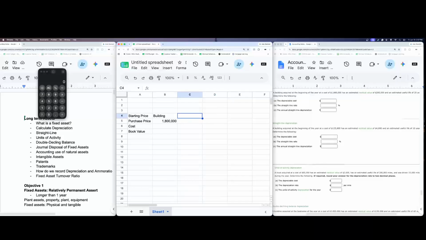Now they've done some type of assessment on this property, and they've estimated the residual value to be $200,000. And then they say that the estimated useful life of this property is going to be 20 years.